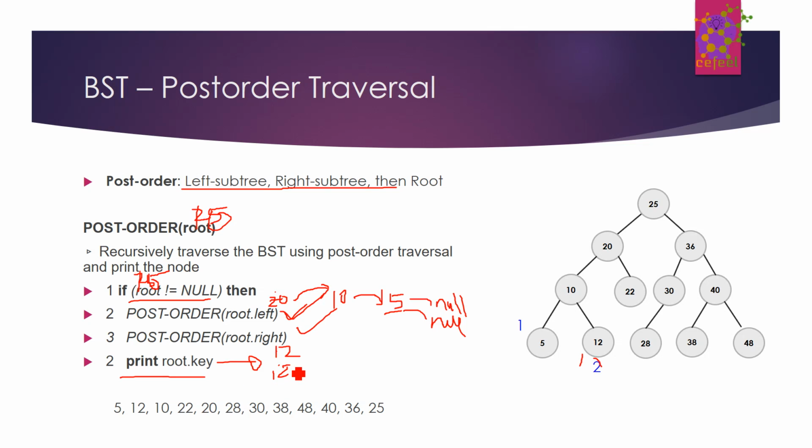When 12 returns back to 10, 10's left and right subtrees are done, due to which 10 can be printed now because the root node has to be printed last.